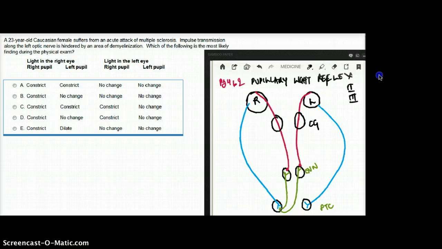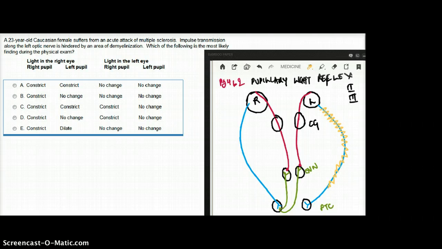In this pupillary light reflex, now we will see what happens with the question. The question says that impulse transmission along the left optic nerve is hindered. Which is the optic nerve? This blue region is the optic nerve, so this is what's hindered.